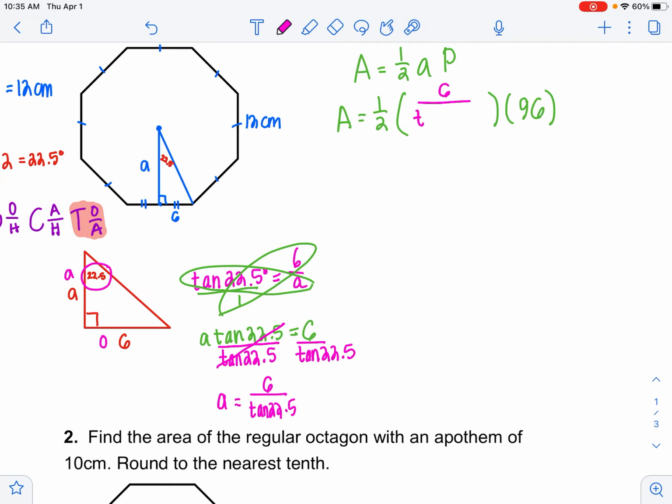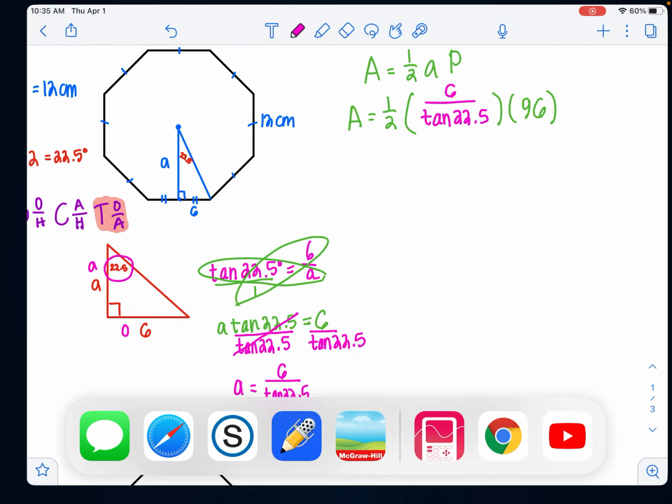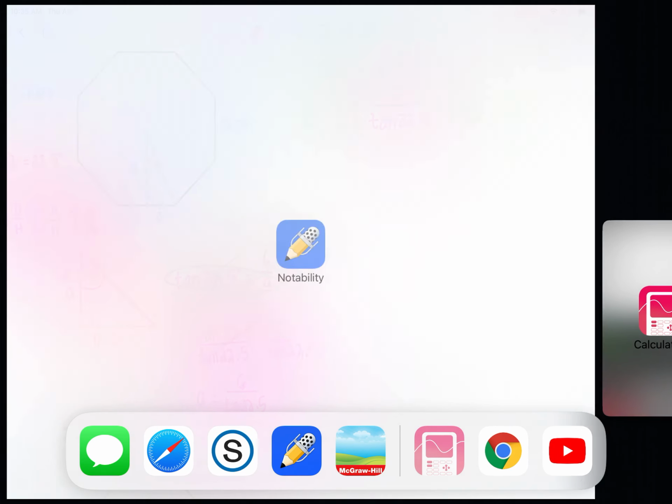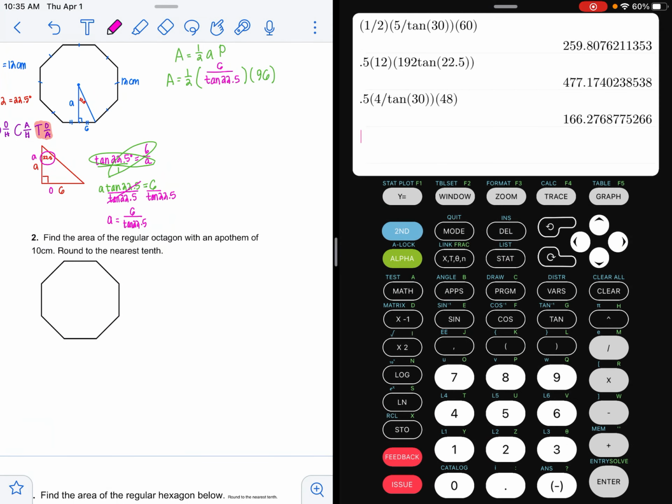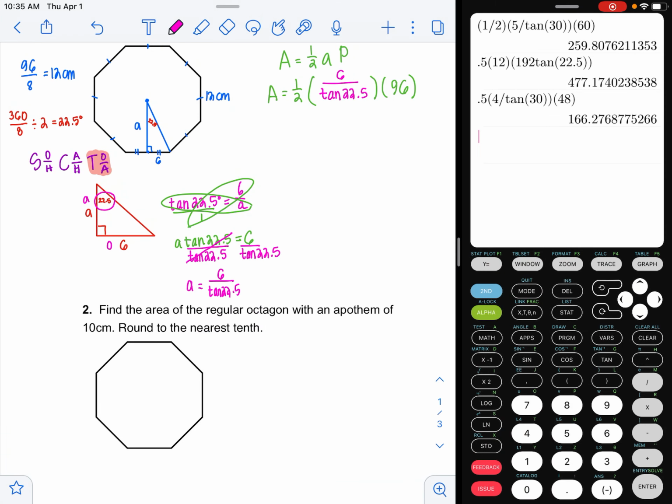6 over tan 22.5. All right, now I'm going to type this in my calculator. Remember, if you're just opening up your TI-84 app, you're going to have to make sure that it's still in degree mode. I just did a few problems in it, so mine's still in degree mode. So I'm going to do 0.5, or you can do 1/2 in parentheses, remember. Parentheses, 6 divided by tangent of 22.5.